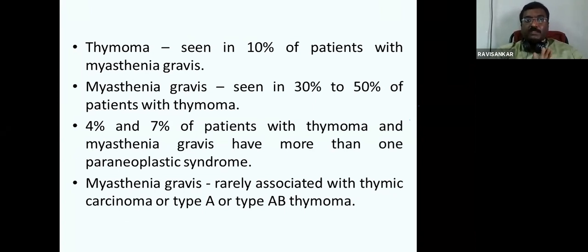In myasthenia gravis, 10% of the patients have thymoma. Four to 7% of the patients with thymoma and myasthenia gravis have more than one paraneoplastic syndrome. Myasthenia gravis is rarely associated with thymic carcinoma or type A or type AB thymoma. These are all the important points which you have to remember.